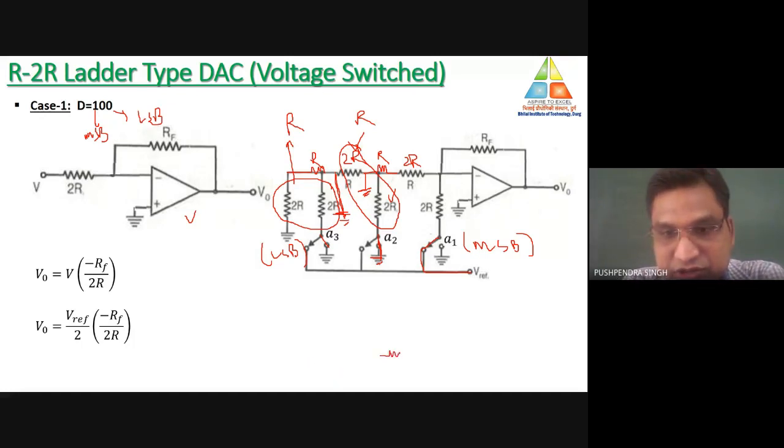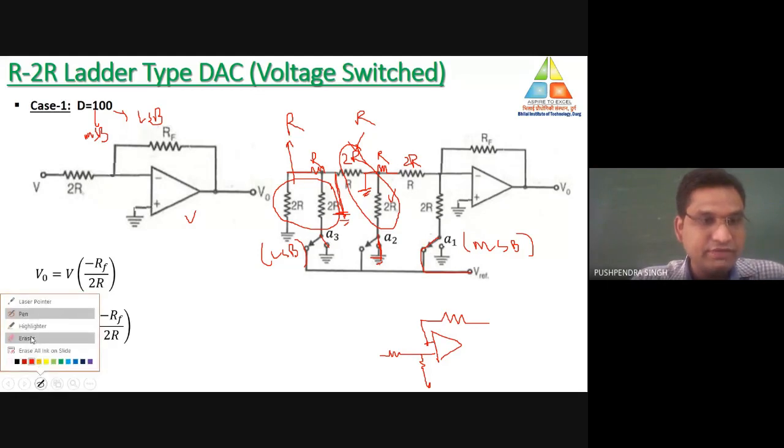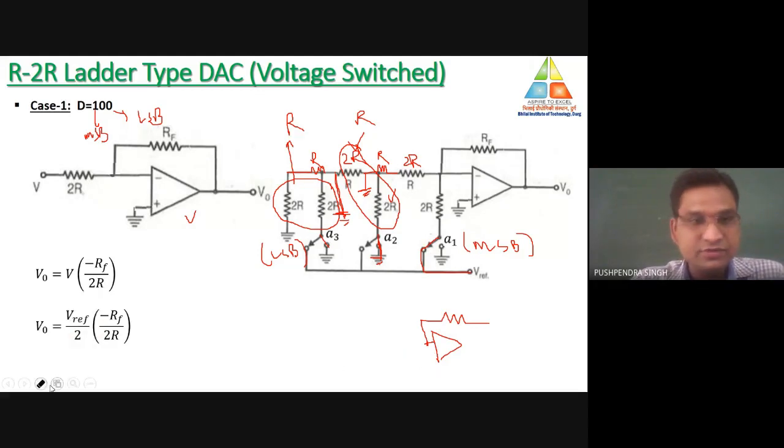Again we are designing this circuit. That is connected to the inverting terminal. This one is 2R.